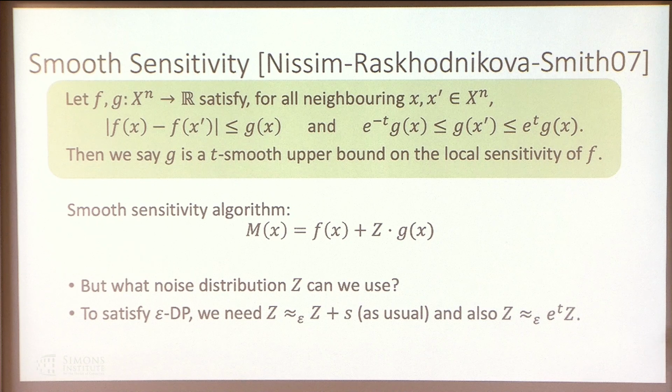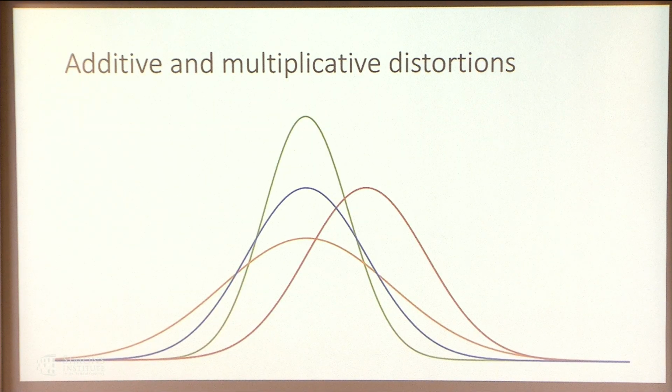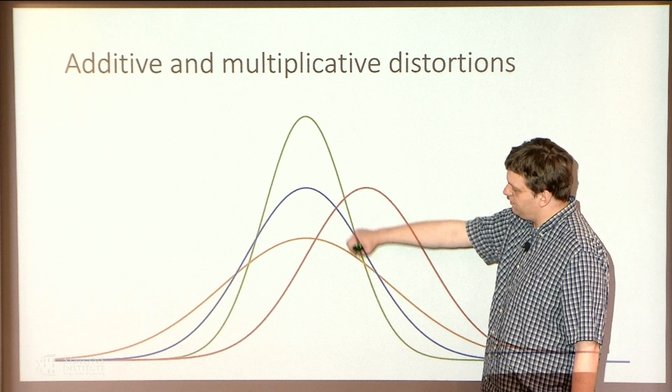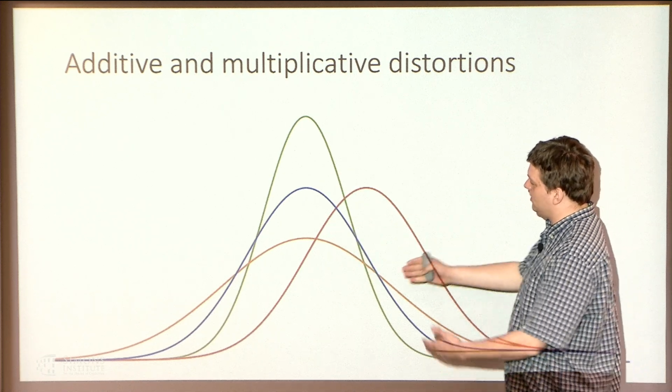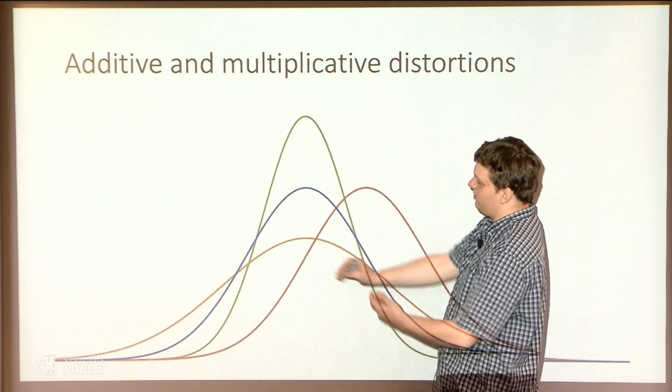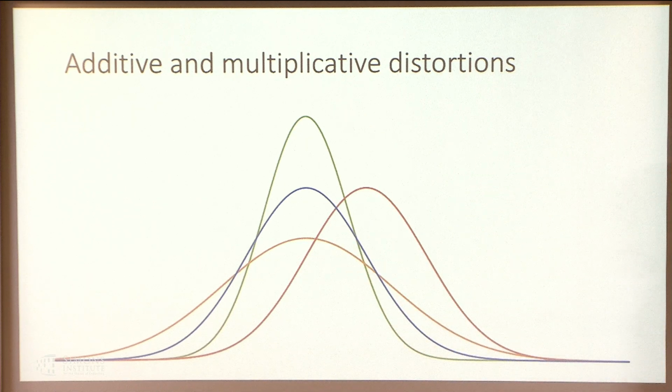So we have to handle both additive distortion and multiplicative distortion. In the picture, we have this blue, which has an additive distortion over to the red, and also a multiplicative distortion to the green or the orange. I need to make sure that all of these are indistinguishable in the sense of differential privacy.